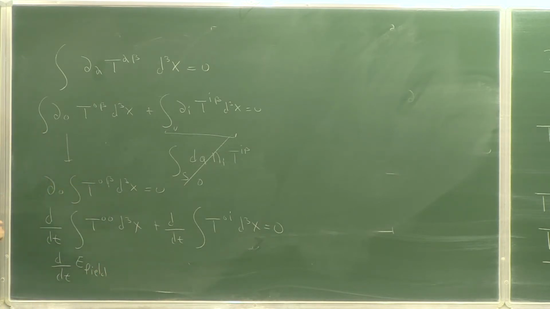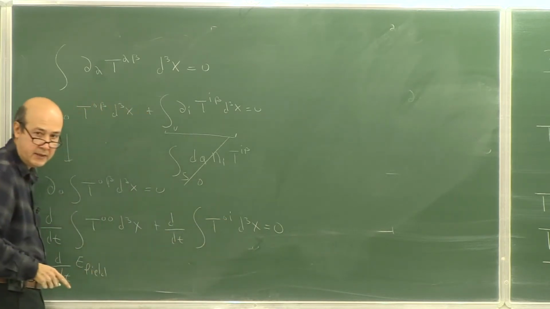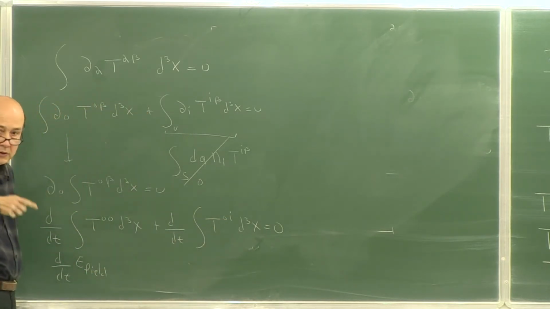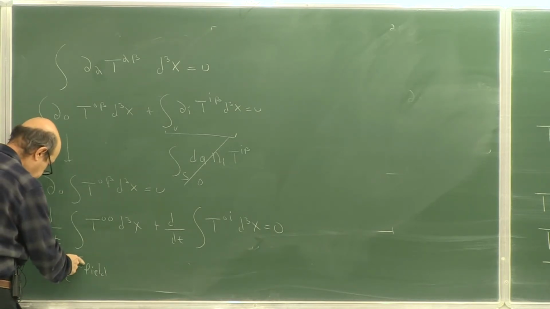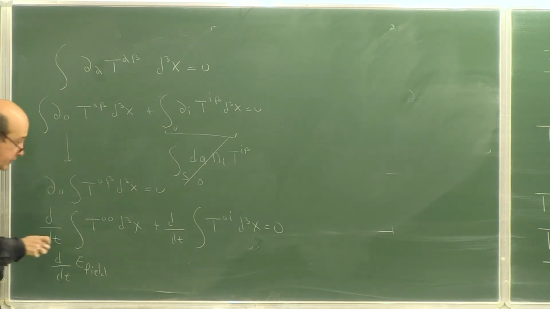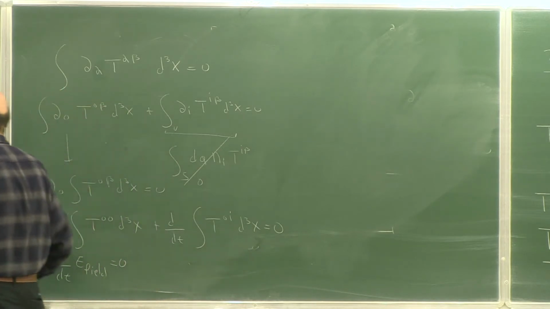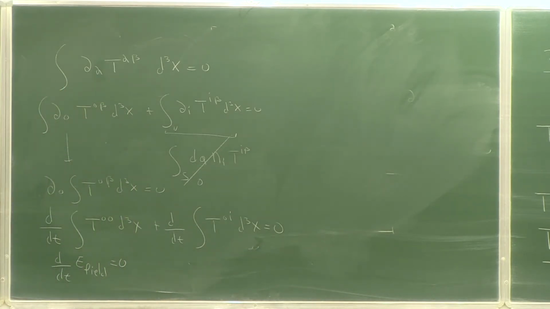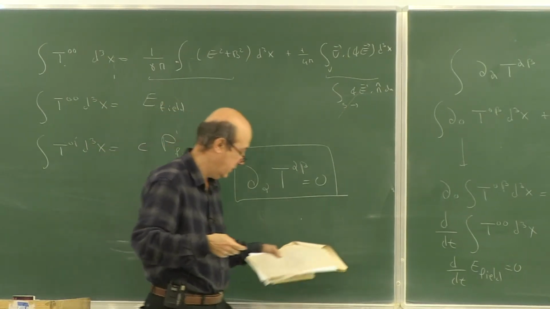How many independent equations here? Four: one is the 0, and three for the space. Therefore, each term has to be 0 independently. And that tells us that the change of the energy of the field in time has to be equal to 0. And this 0i integration through the volume is the momentum of the field.